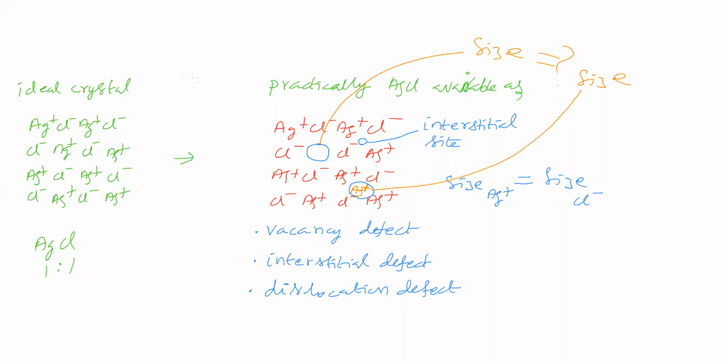Now I will take an anion. Anion forms FCC. Why have I gone for this? Because we want to compare the size of the interstitial site with the size of the lattice site, the lattice point. So that is why I have taken this.